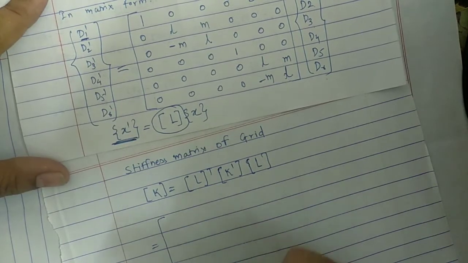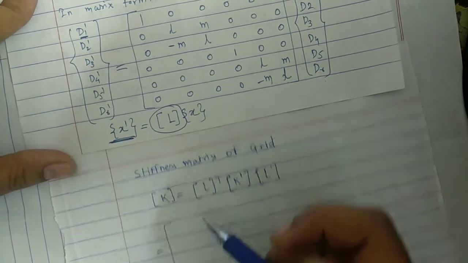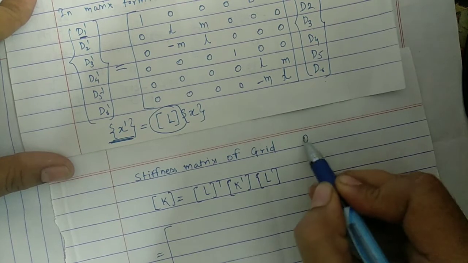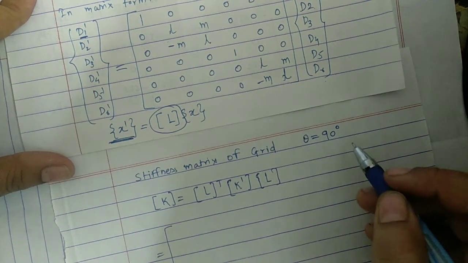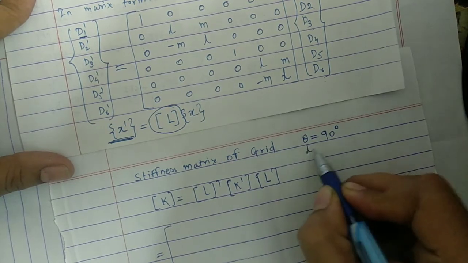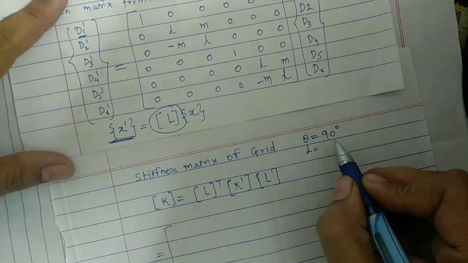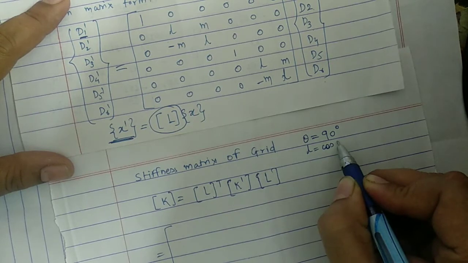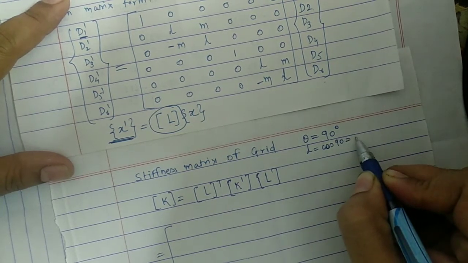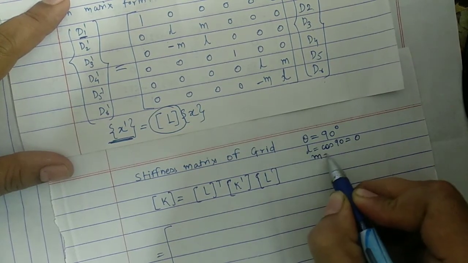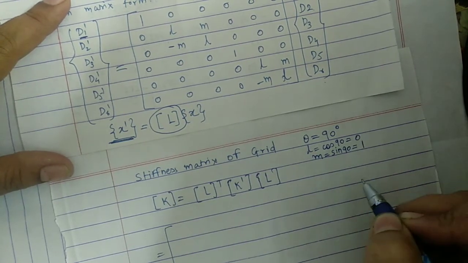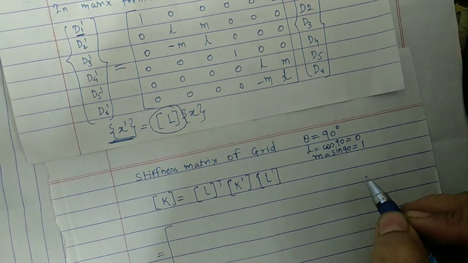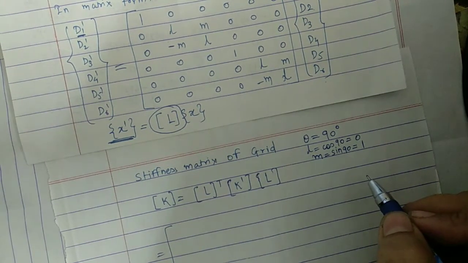So this way we have to write this transpose matrix, but this matrix we will define taking theta equal to 90 degrees. So when we take theta equal to 90 degrees, L which we have defined as cos theta, that is cos 90, equals 0, and M which we have defined as sin theta, that is sin 90, is equal to 1. Okay, so according to that we will write this matrix here.